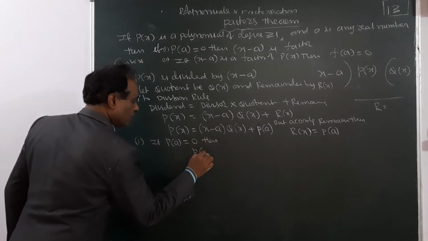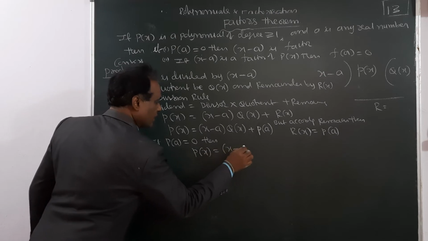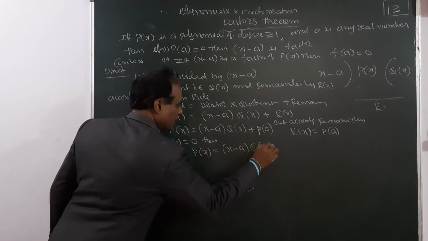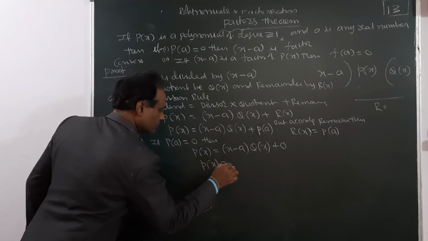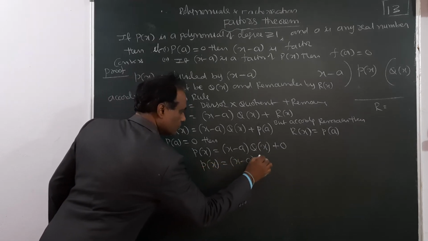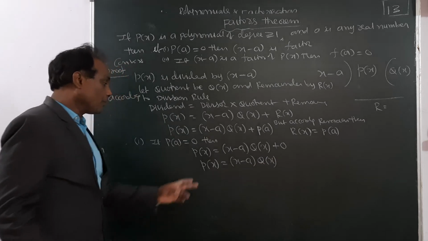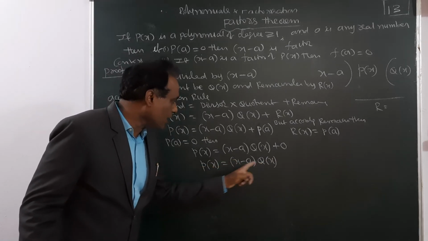P of x is equal to x minus a into q of x plus 0. So P of x is equal to the multiplication of these two.